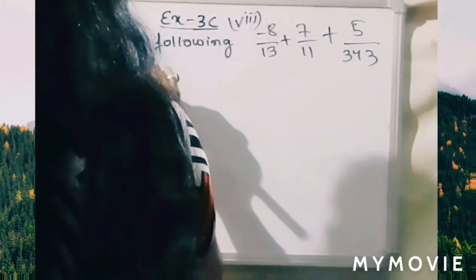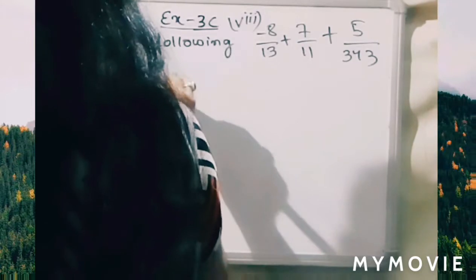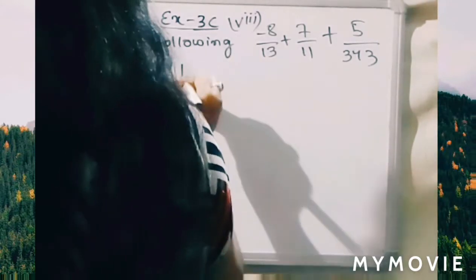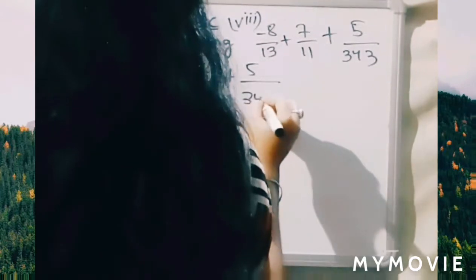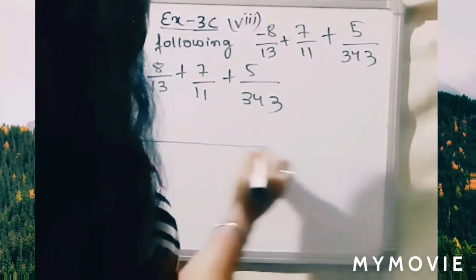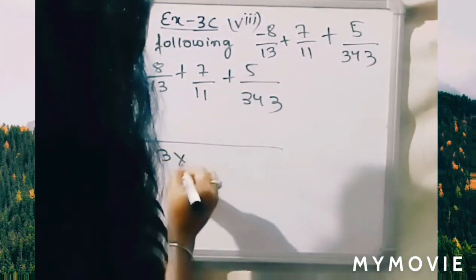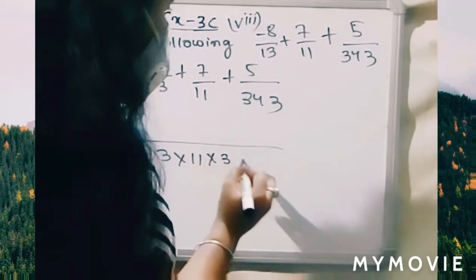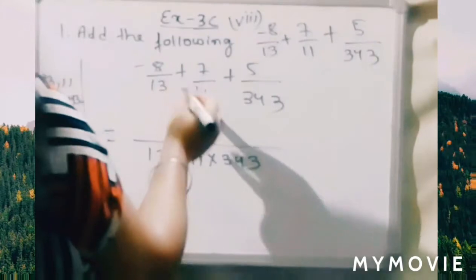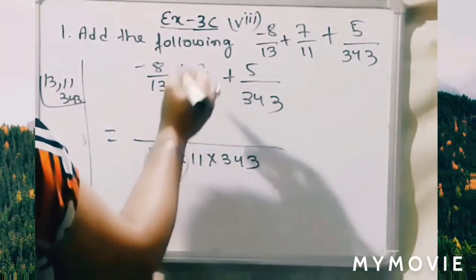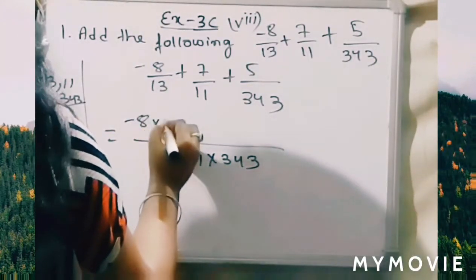You will write minus 8 by 13 plus 7 by 11 plus 5 by 343. So your LCM will be the product of 3 numbers: 13 into 11 into 343. So 8 will be multiplied with 11 and 343.